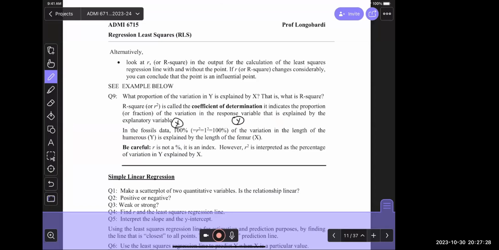It's also known as the independent variable. It's independent, but it may be driving y. Y is called the response or the dependent variable.